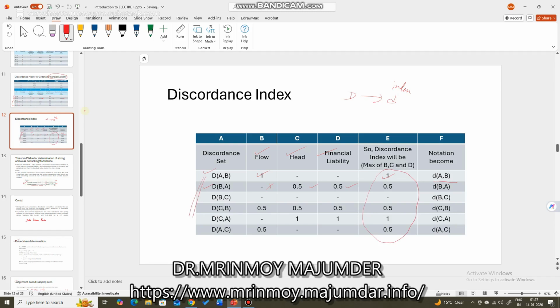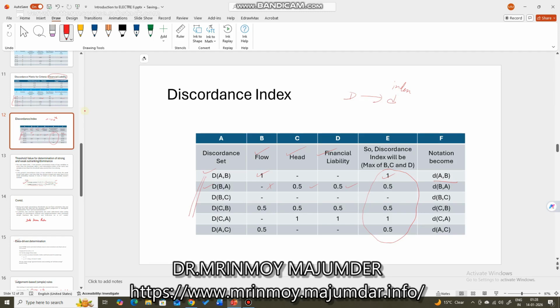Okay? Then after taking the average, they deduct a fraction to find the strong discordance value, and the average is their weak discordance value. Okay? For data driven.